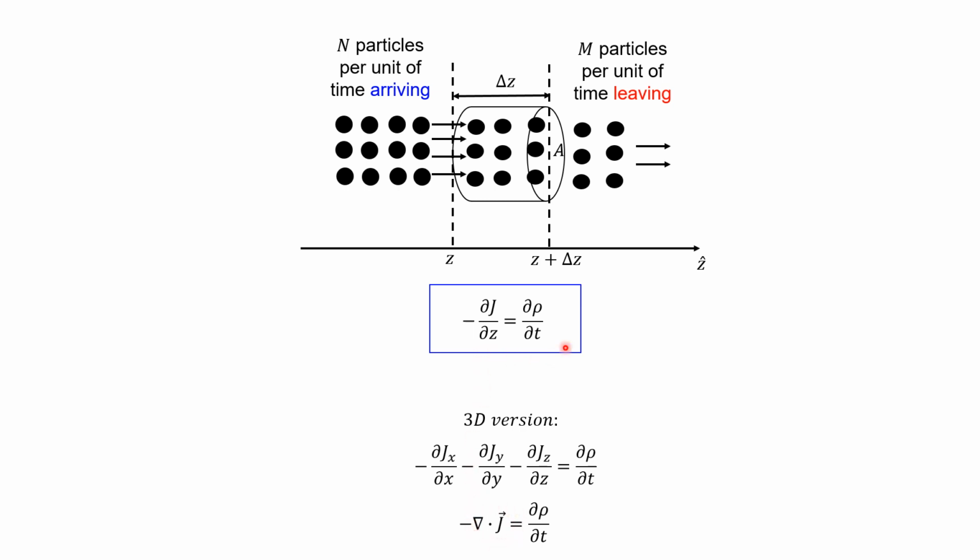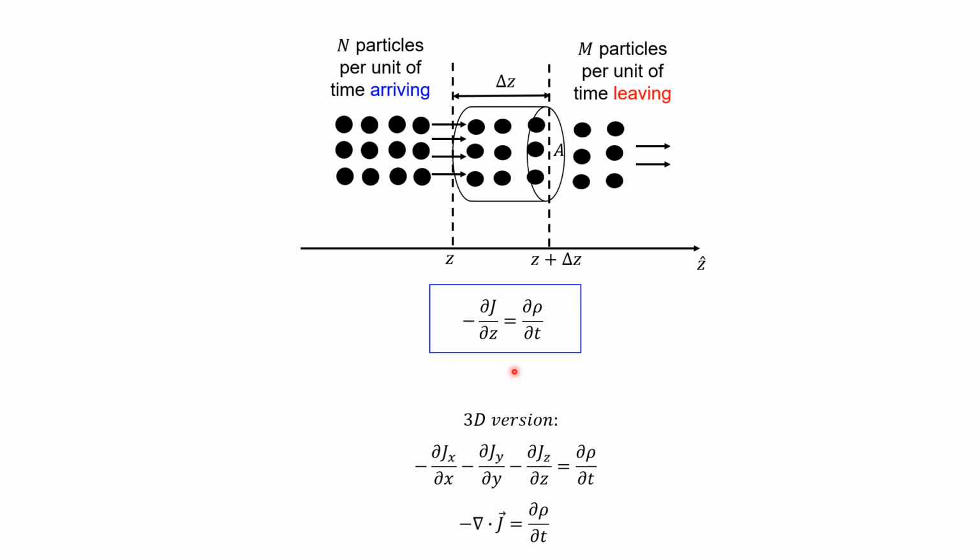So this is the 1D version of the continuity equation. And you probably have noticed that this is again a logical relationship. We're just stating that everything that comes in minus everything that goes out is what stays. But often this relationship is used to express a physical fact.